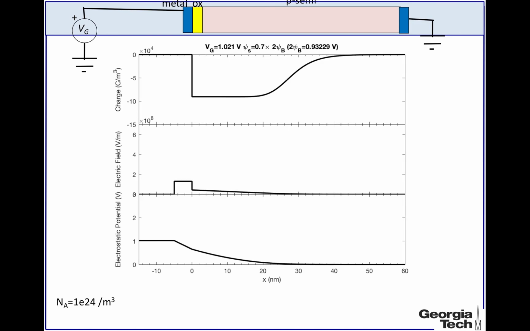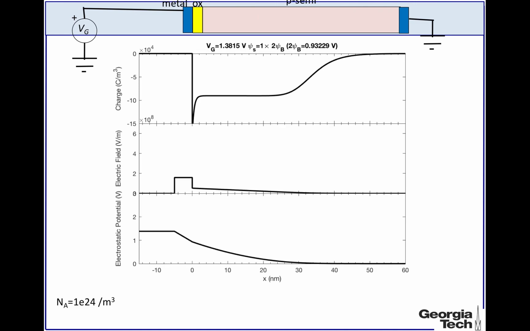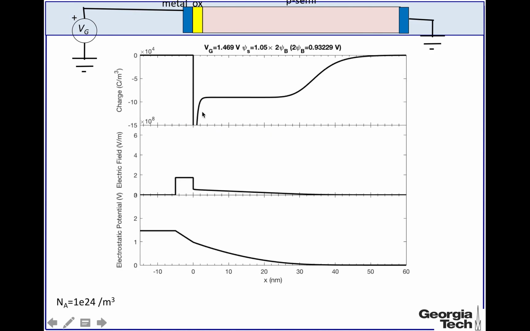And now finally, when you reach a certain voltage, you will see that this charge picks up over here, and this is actually the inversion charge. Now if you keep on increasing the voltage, this inversion charge will change, but the extent of the depletion width will remain almost the same.